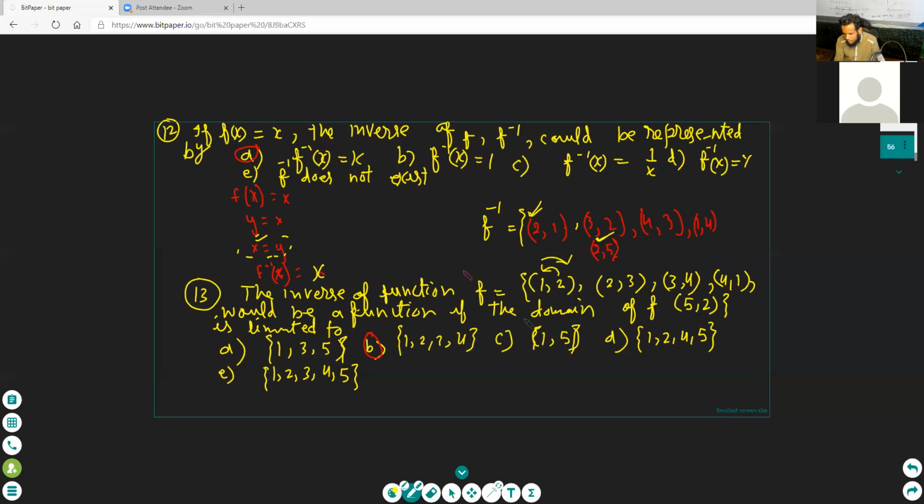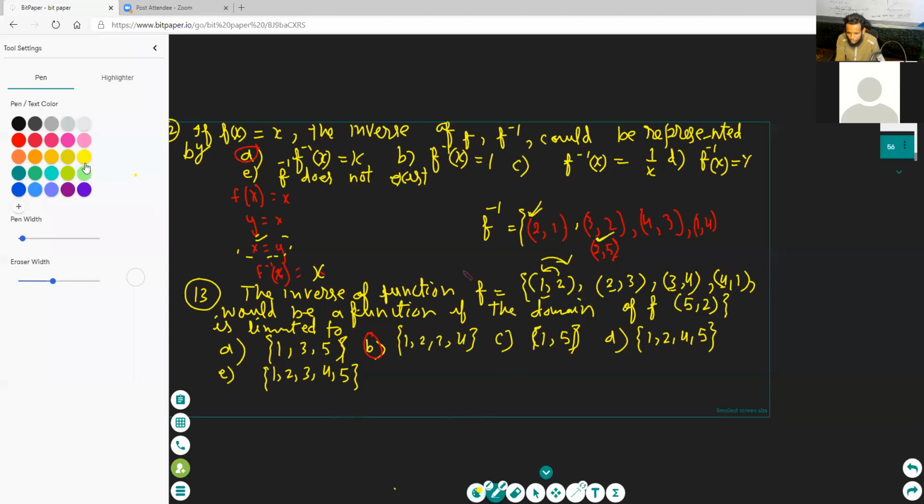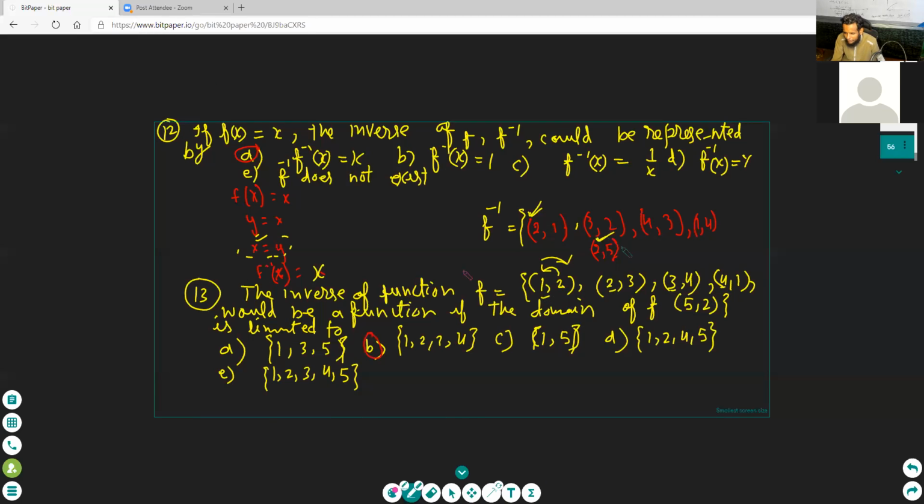We do 1, 2, and 3, 4. If we take these, the meaning of limited to the domain is that if our domain is 1, then we get this and this only. If we are not taking 5 in the domain, then it will be removed.